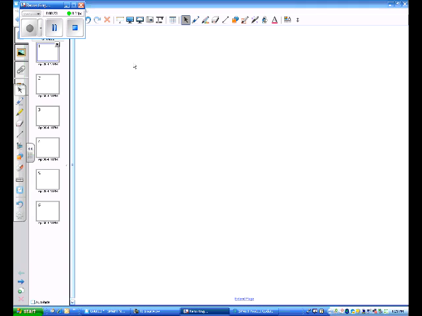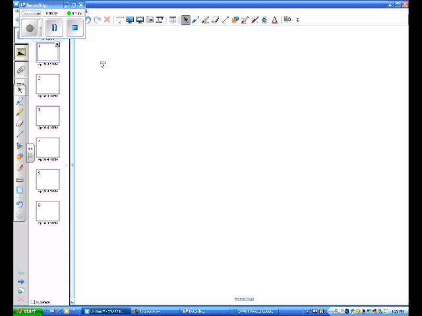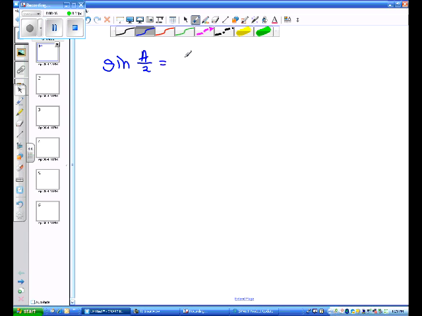And I'm not going to take the time to show you how these formulas are derived, but we will go through them. We've got that the sine of half of an angle is equal to plus or minus the square root of 1 minus the cosine of an angle divided by 2.